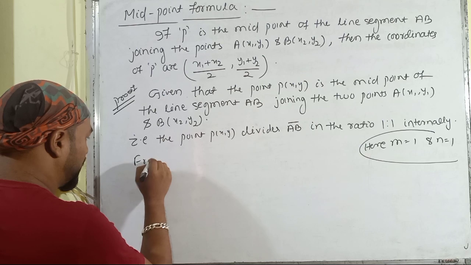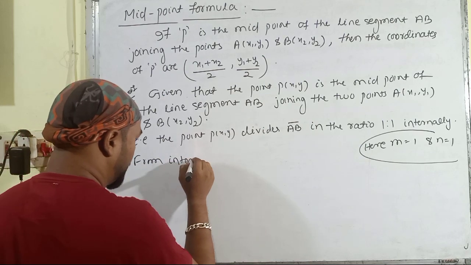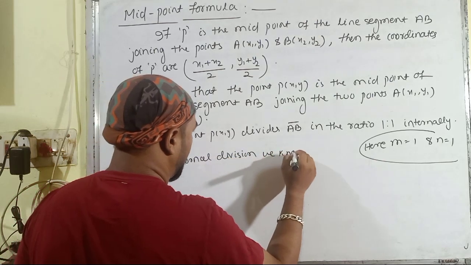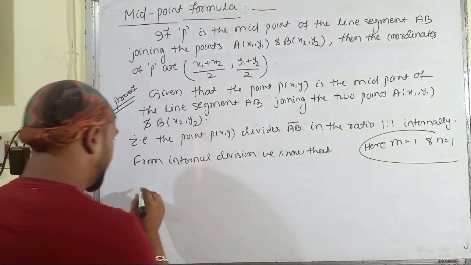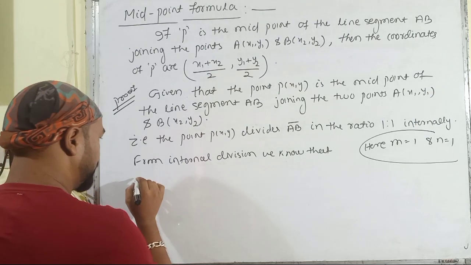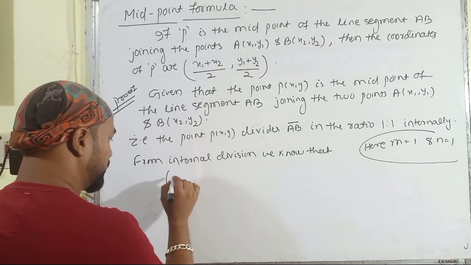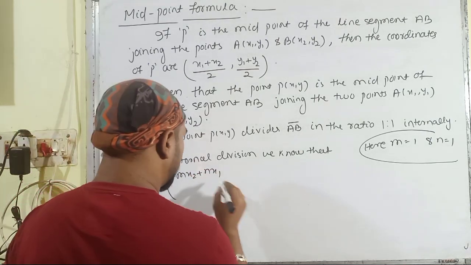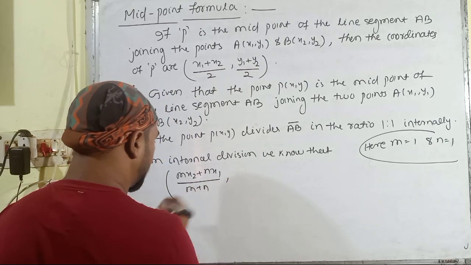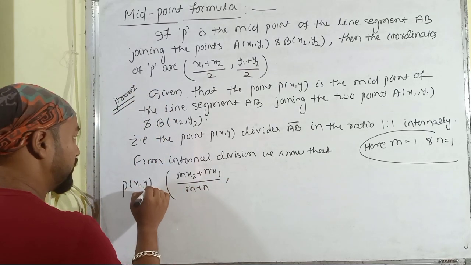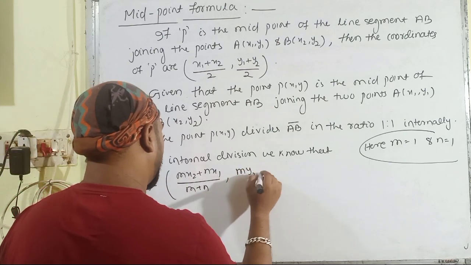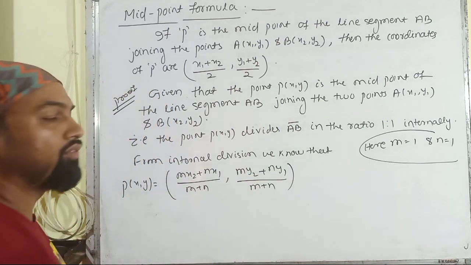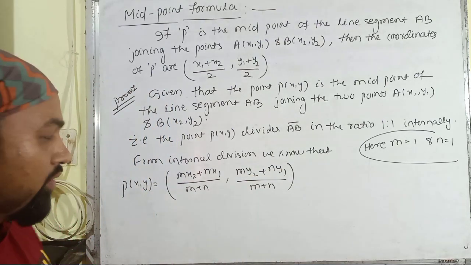From internal division, we know that the point is (mx2 plus nx1) divided by (m plus n), (my2 plus ny1) divided by (m plus n). We have applied the internal division formula here.